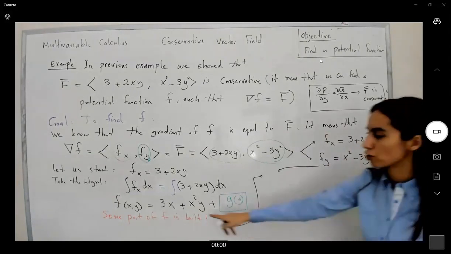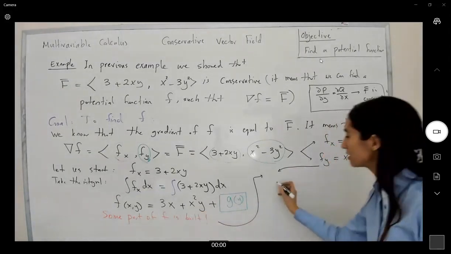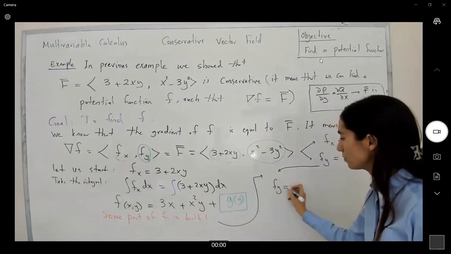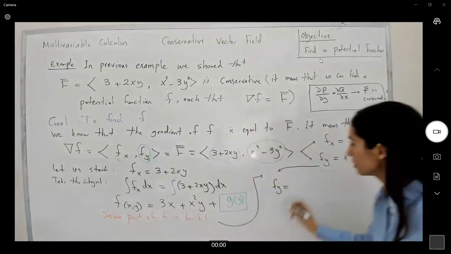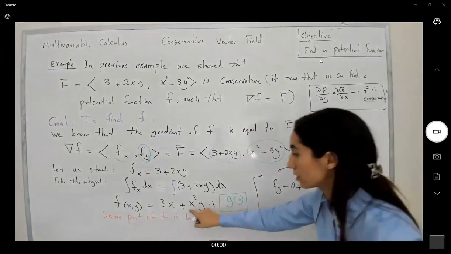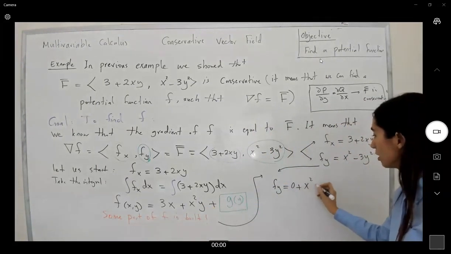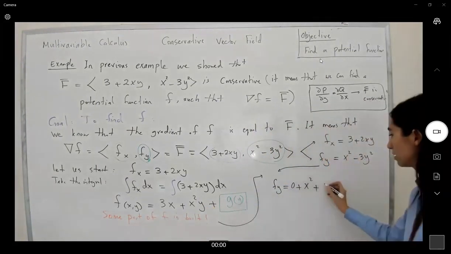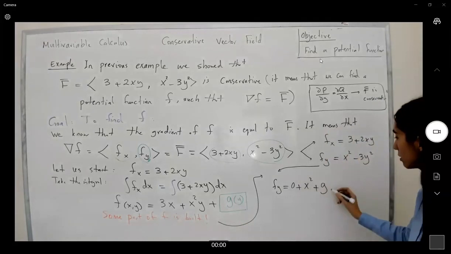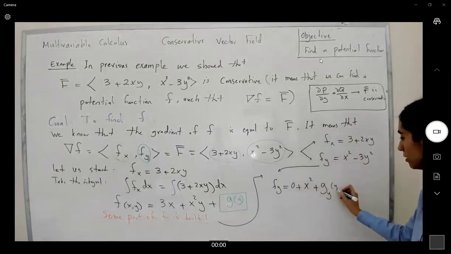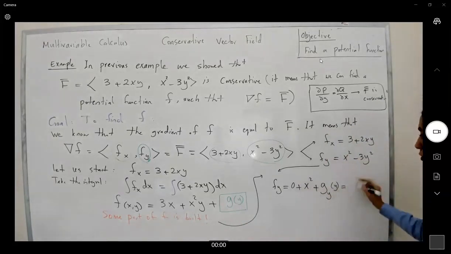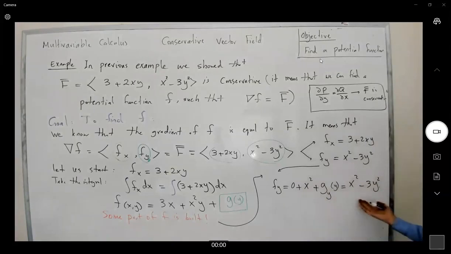So let us take the partial derivative of this to get f_y, which is equal to 0 plus x squared plus g prime of y. So g'(y) plus x squared must be equal to x squared minus 3y squared. Okay, perfect. We are setting these two equal to each other.